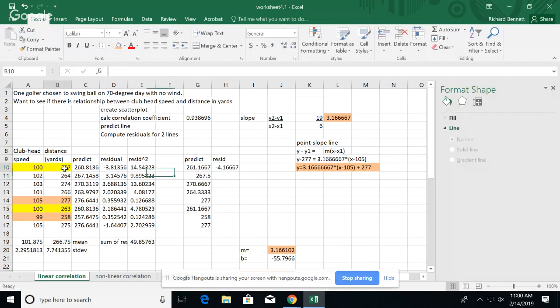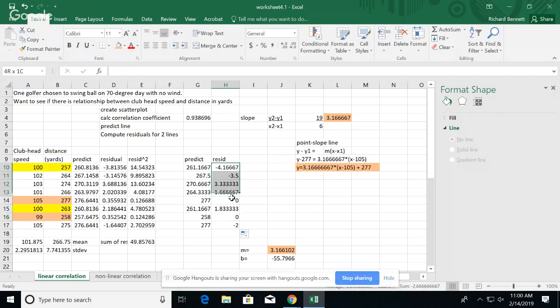So in this case, we were off 3.8 yards, now we're off 4.17 yards. We're off by more yards, right? So it's a worse line. But however, look at this. When I copied this down, oh, look at this. It nailed it. It was off 0 here. So in some cases it's worse. In some cases it's better. How do you know which one's better, right?